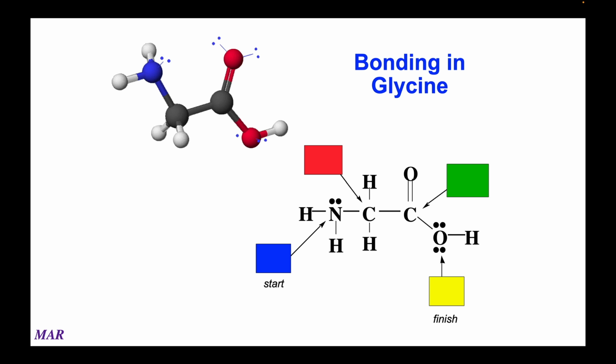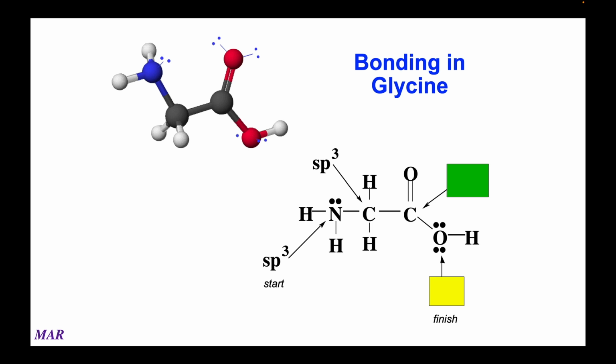So 4 clouds means tetrahedral electron pair geometry. And like we've seen, tetrahedral is always sp3. Going to the red one, it points to a carbon with 4 bonding pairs around it: 2 to the hydrogens, 1 to the nitrogen, and 1 to the carbon. 4 bonding pairs means tetrahedral, and tetrahedral means sp3.